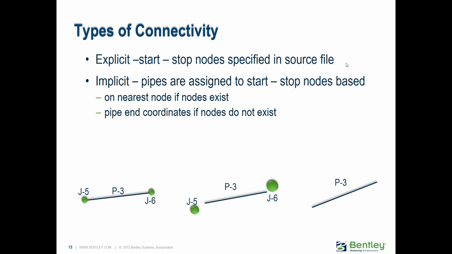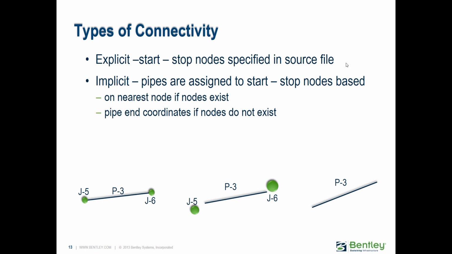So the example at the bottom, the one in the middle there, is where the line is not really snapped to the endpoints. So we have some options in ModelBuilder that allow you to say, well, if the pipe endpoint is within a certain number of feet of an existing point that I'm bringing in, then it's going to snap to it and connect it automatically.